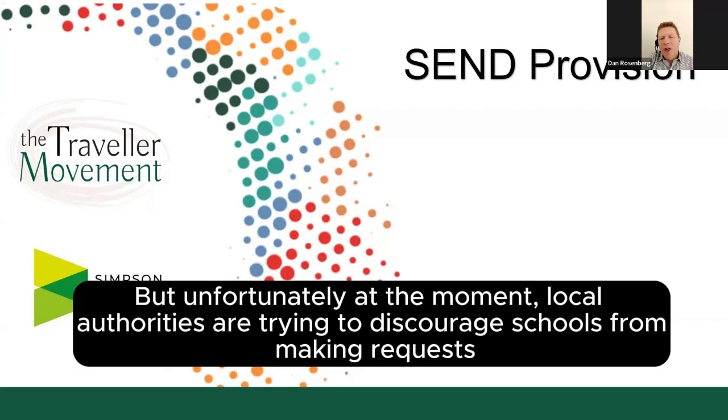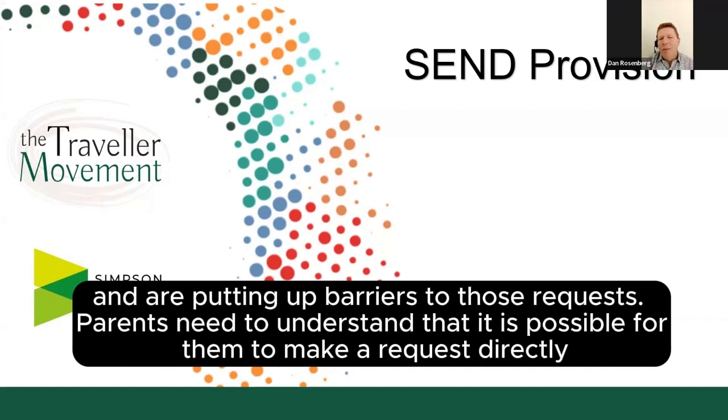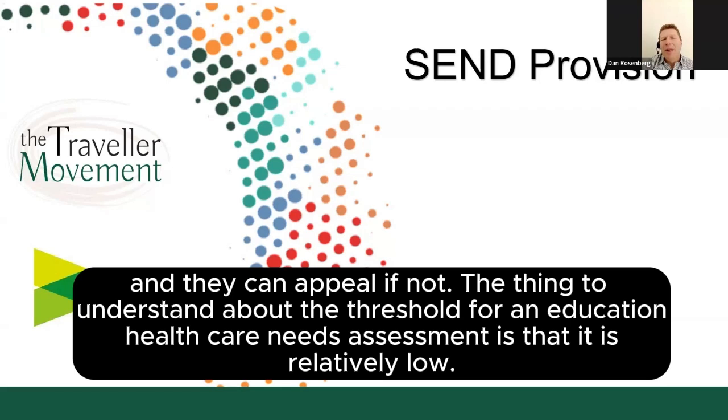But unfortunately, at the moment, local authorities are often trying to discourage schools from making requests and are putting up barriers to those requests. Parents need to understand that it is possible for them to make a request directly, and they can appeal if not.